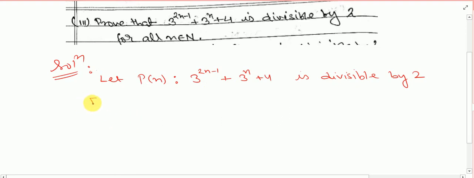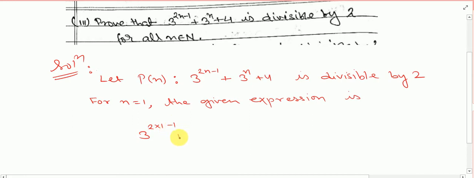Now for n equal to 1, the given expression is 3 to the power 2 into 1 minus 1 plus 3 to the power 1 plus 4 is equal to 3 to the power 1 plus 3 to the power 1 plus this.